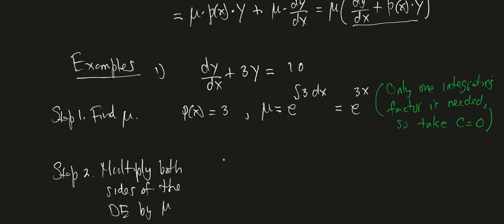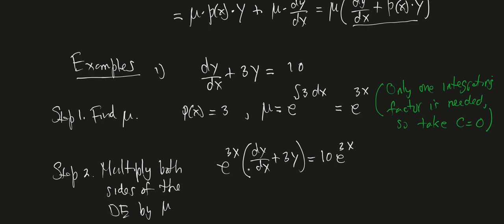It's going to be e^(3x) times this sum right here, dy/dx + 3y. And if I multiply the left-hand side, I have to multiply the right-hand side. So then I'll have 10e^(3x).